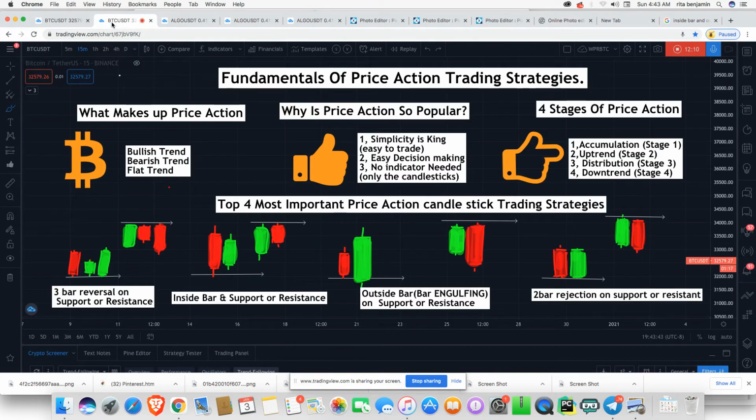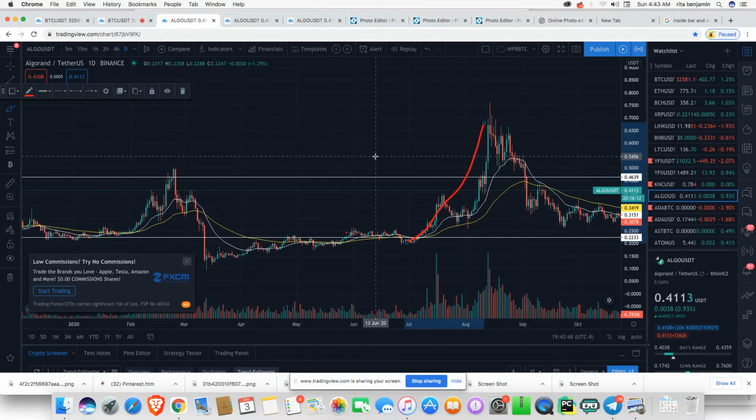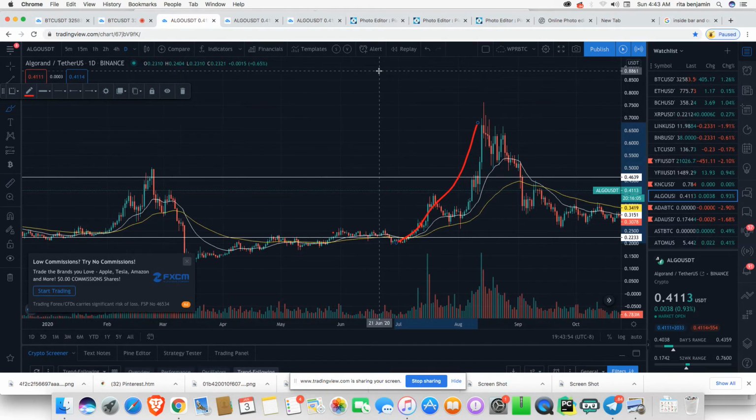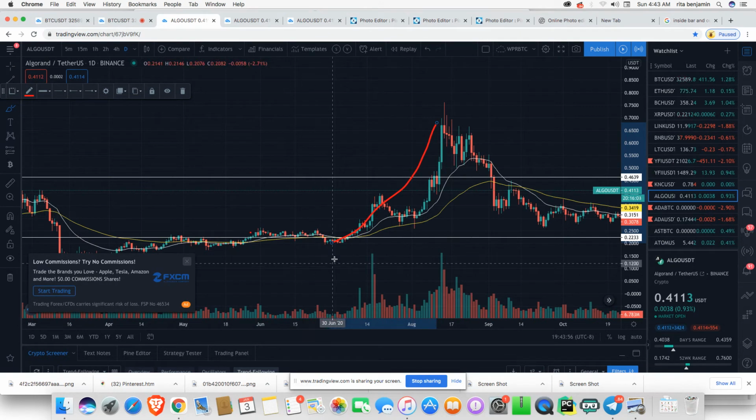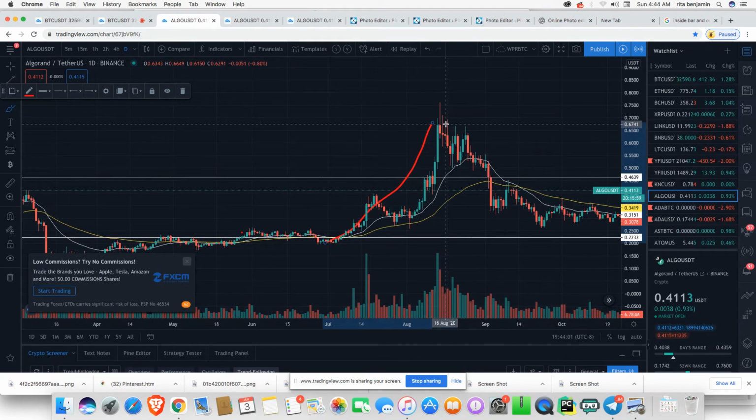With that being said, the next thing you must know is called the distribution stage, and this is called stage three. This distribution stage always goes on after stage two. So when in stage two people have been buying and buying, it gets to a particular point where buyers are no longer in the market. The market can't find buyers.